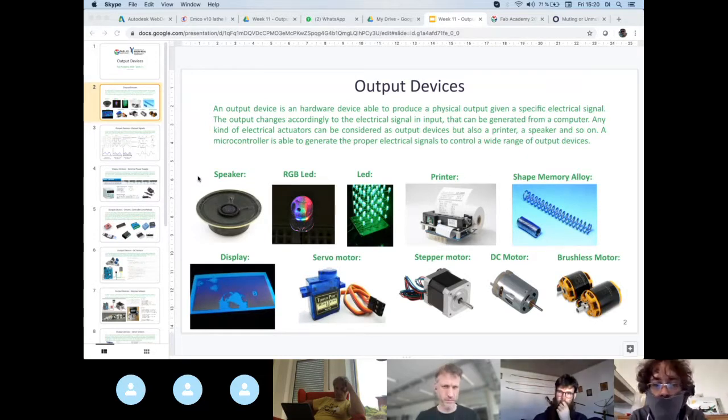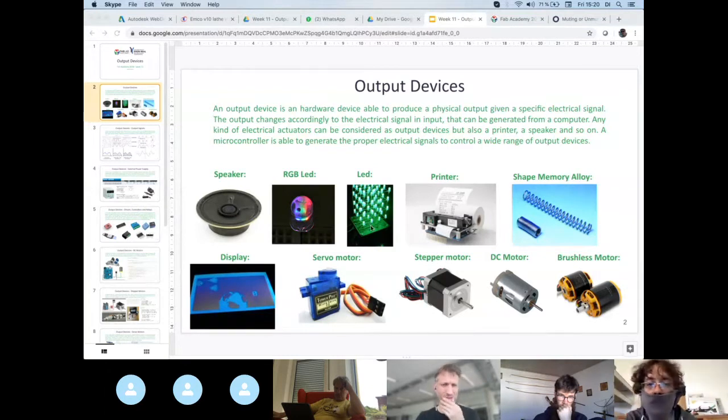Of course, light emitting diodes, you already have been using those in your boards, I believe. You also have one inside the Arduino. With LEDs, you can have one single LED, or a group of LEDs, like LED strips, LED matrices, or LEDs placed in a three-dimensional space.